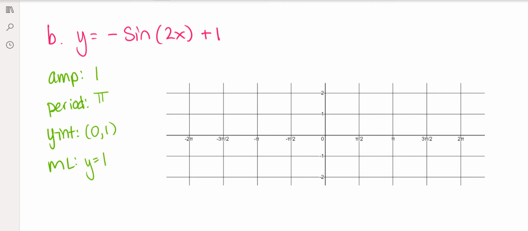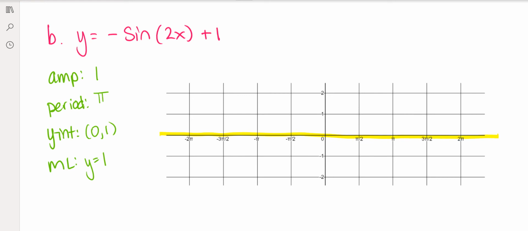All right. If you think you are good to graph this, go ahead and start graphing it. Otherwise, I'm going to go over this slowly. So again, I'm not going to rewrite the steps. The first step is to graph what? The midline. So let's go ahead and get the midline there.